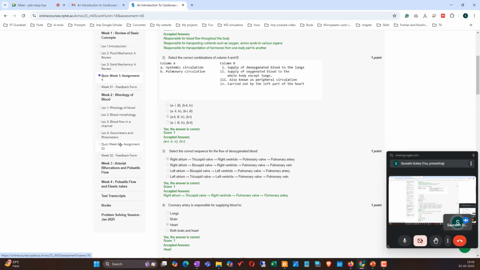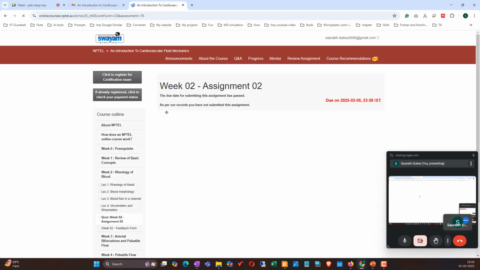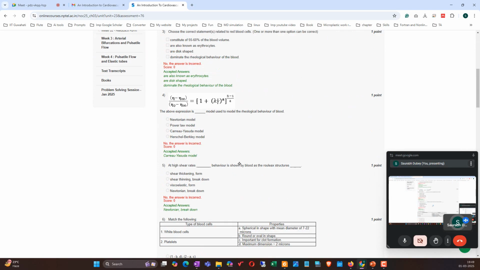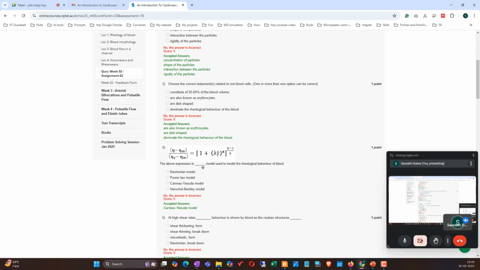if you see, yes. In this week we had solved this particular model, the cardiovascular model, and then on this one, this constitutes 55 to 60% of the blood volume. What are also called erythrocytes are disc shaped, yes, and they dominate the rheological behavior of the blood.